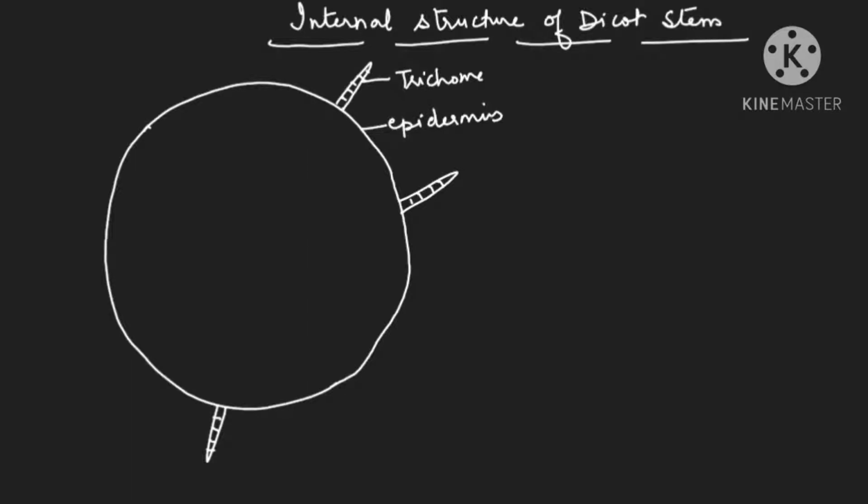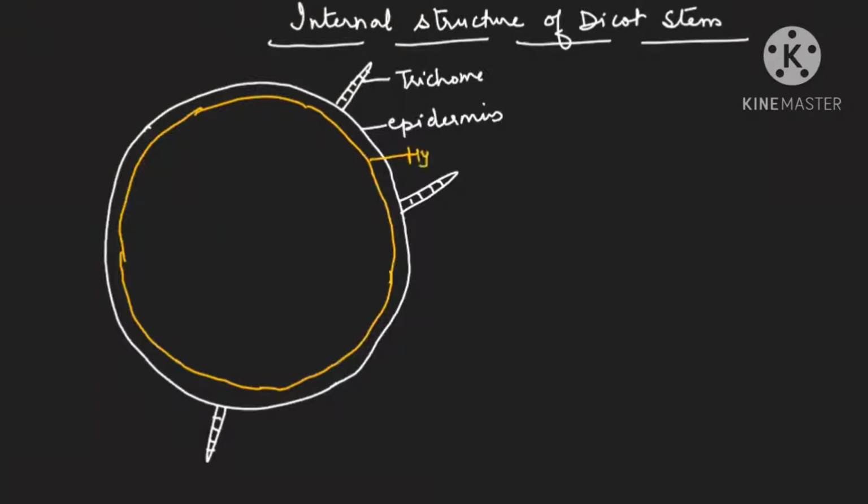Inner to this layer, the next layer is your hypodermis. In case of the dicot stem, the hypodermis is collenchymatous. The second layer, which I'm drawing right now, is the hypodermis, and it is made up of collenchyma.